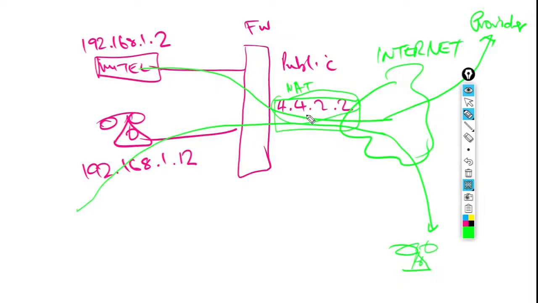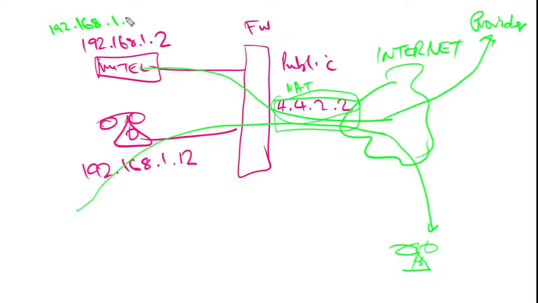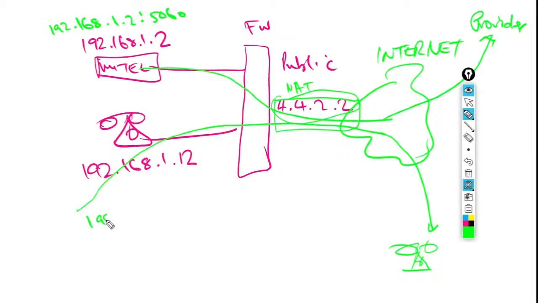So this is going to lead us to use NAT port translation, or what we call NAT overload, where the PBX is communicating as 192.168.1.2 on port 5060, and this is communicating as 192.168.1.12, maybe port 50511, to here.